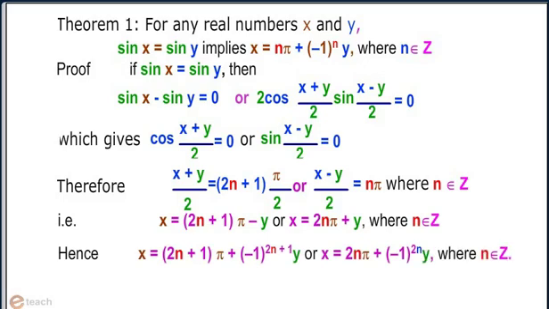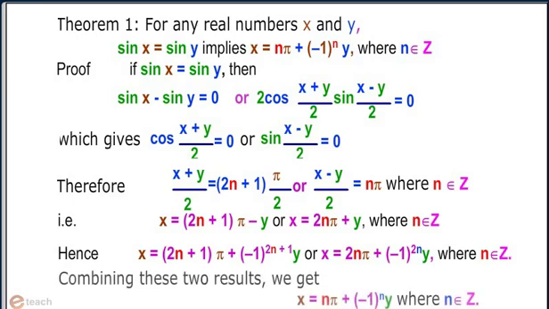Hence, x equals (2n plus 1) pi plus minus 1 raised to the power (2n plus 1) into y, or x equals 2n pi plus minus 1 raised to the power 2n into y. Combining these two results, we get x equals n pi plus minus 1 raised to the power n y, where n is an integer.